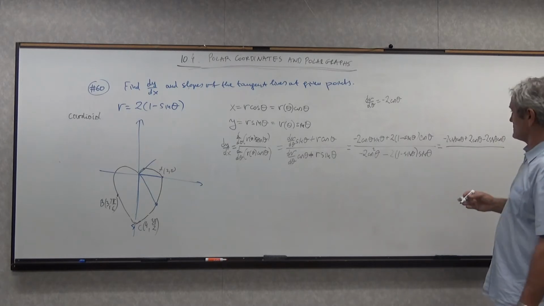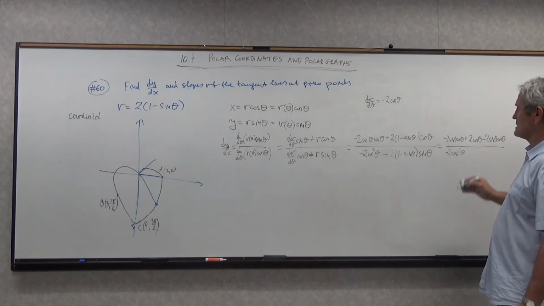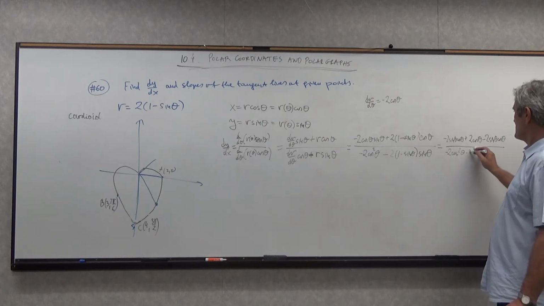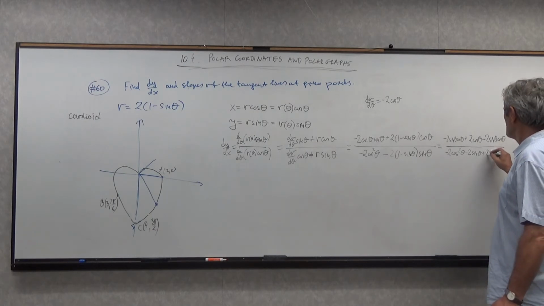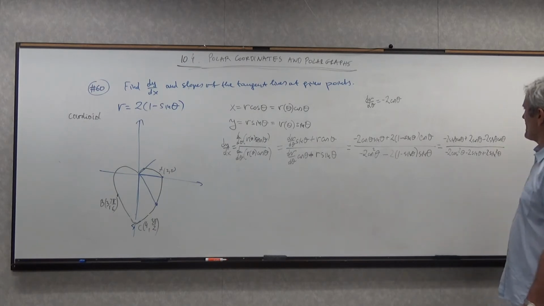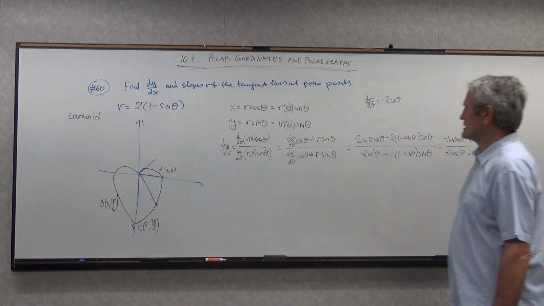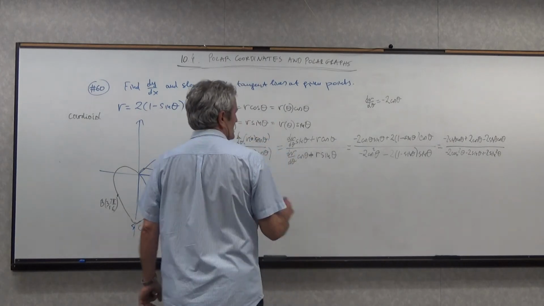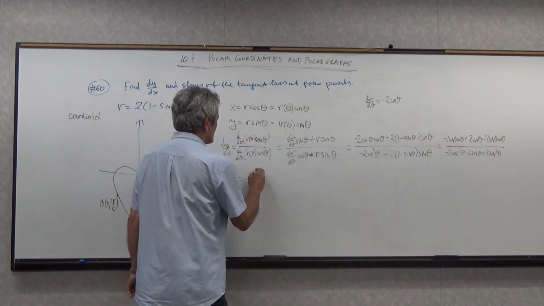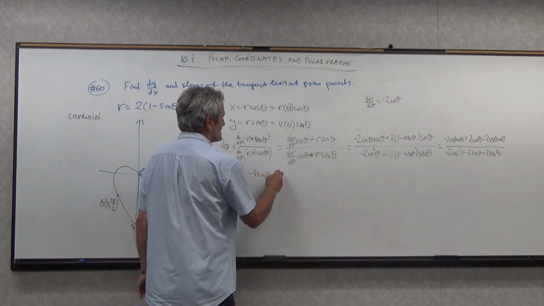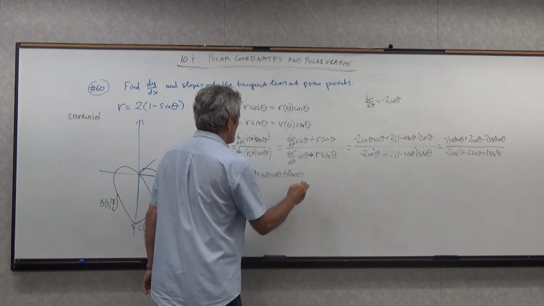And here I get minus 2 cosine squared theta minus 2 sine theta and plus 2 sine squared theta. So finally, this expression, I can combine these two and get minus 4 sine theta cosine theta plus 2 cosine theta.